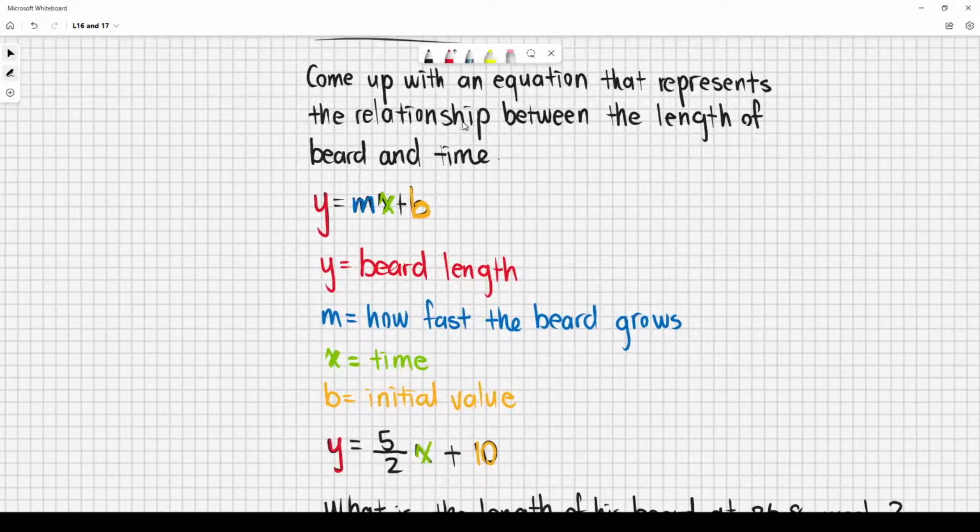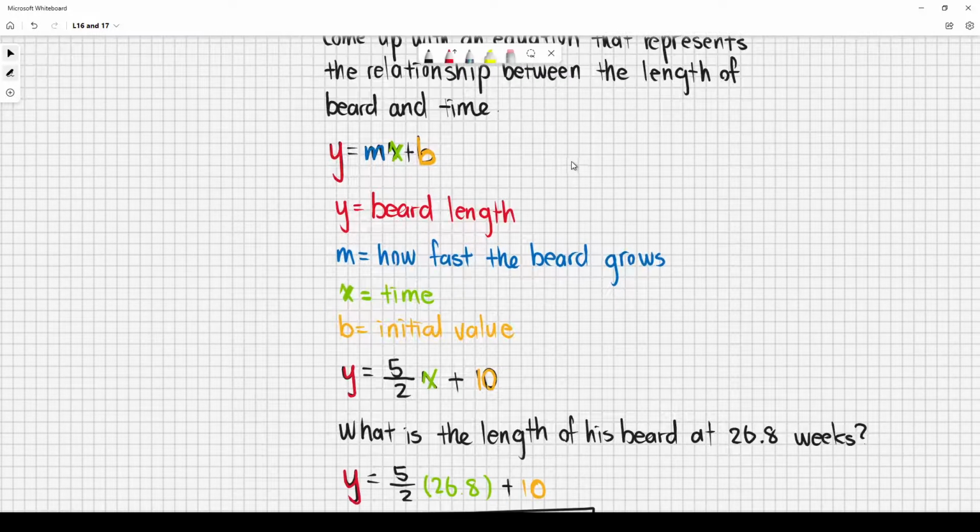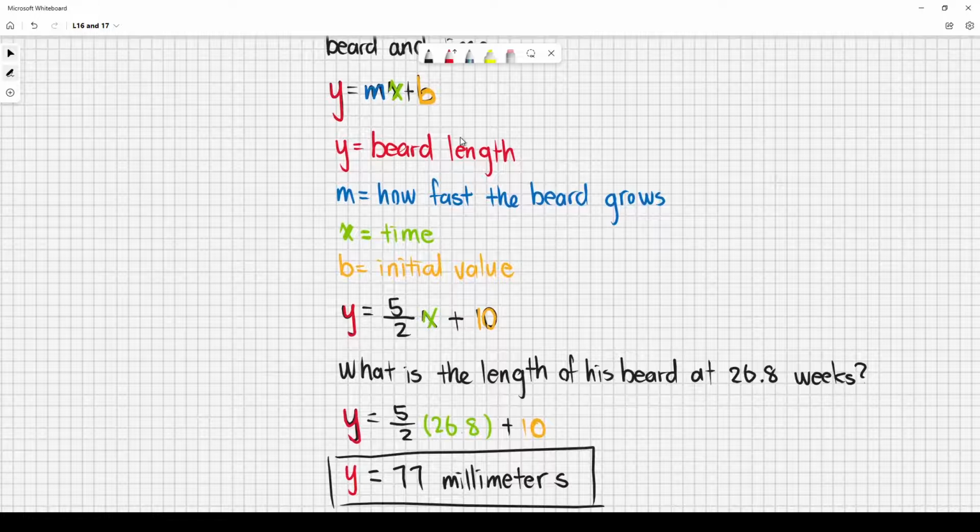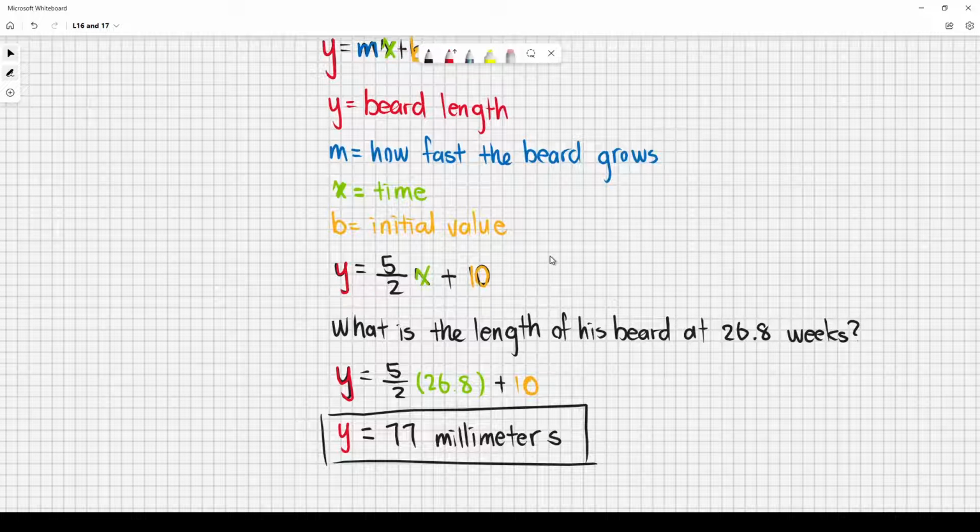And then we come up with an equation that represents the relationship between the length of beard and time. And often we only need the slope-intercept form. So y is the dependent variable representing the beard length, and m is the slope, so how fast the beard grows, and x is the time, change in time, and b is the initial value.